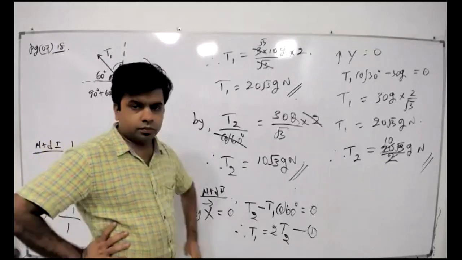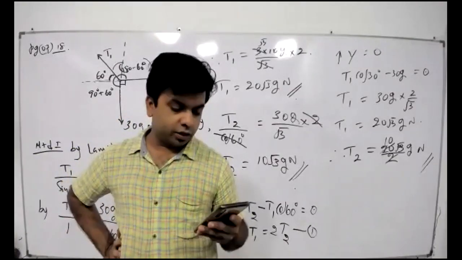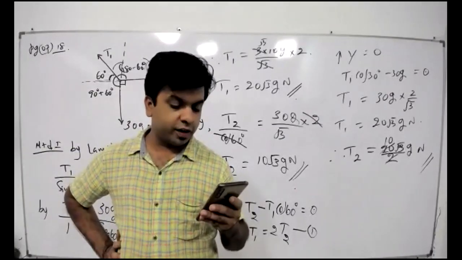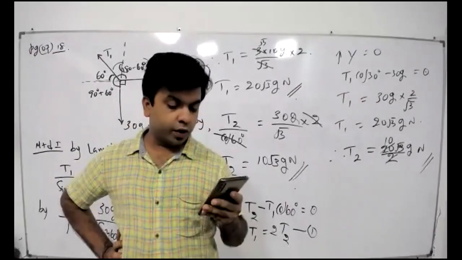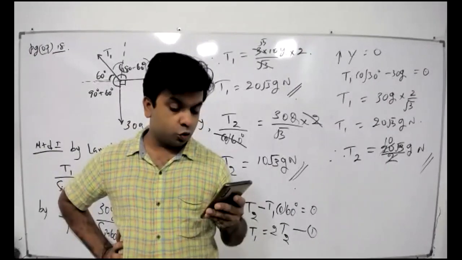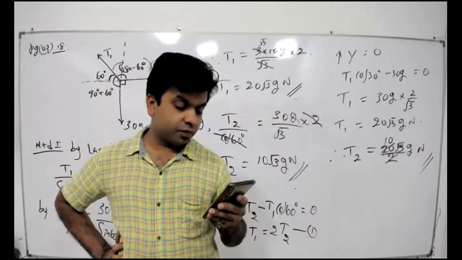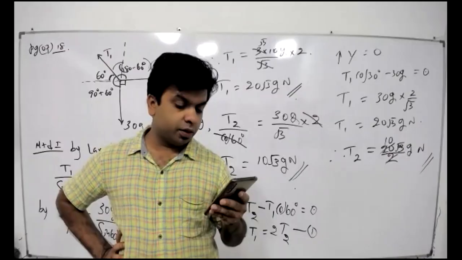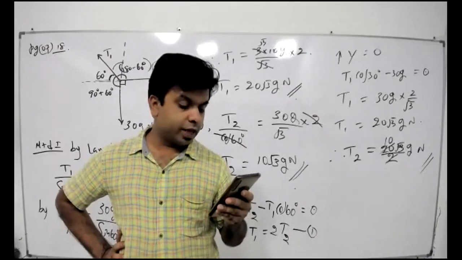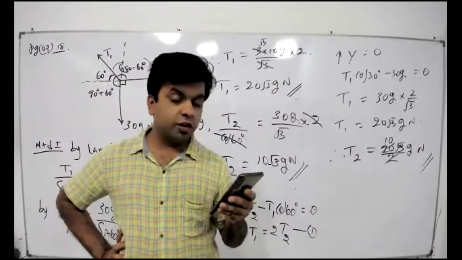Right. Then, did you start the 19th question? Actually, in the 19th question, the string ABCD is attached to two fixed points A and D. It carries two weights, each W, at B and C. When the system is in equilibrium, the parts of the strings AB and CD make angles 30 degrees and 60 degrees respectively with the vertical.